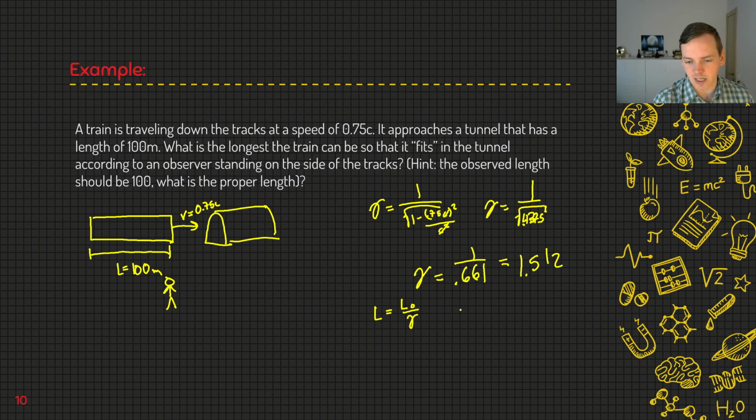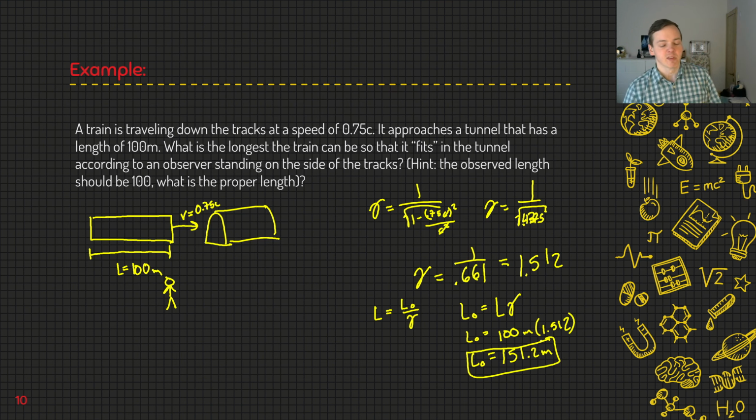So this means that the proper length will be equal to the observed length times gamma. So the proper length will equal 100 meters times 1.512. So the proper length can be up to 151.2 meters. So if this train is traveling along at 0.75 c and it's 151.2 meters long, the observer will see it go into the tunnel and we'll see it completely disappear within the tunnel here.